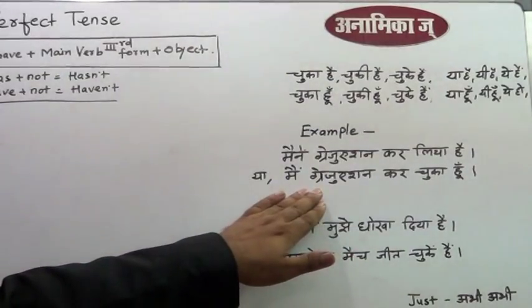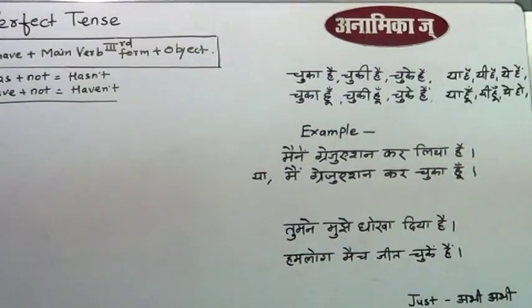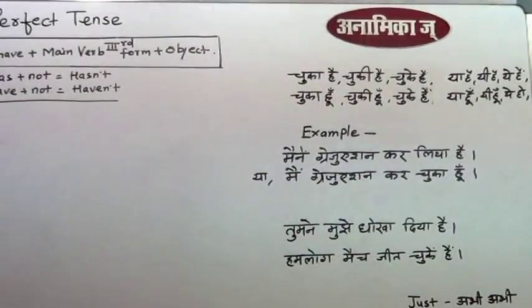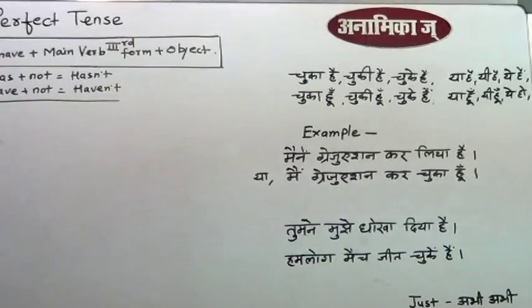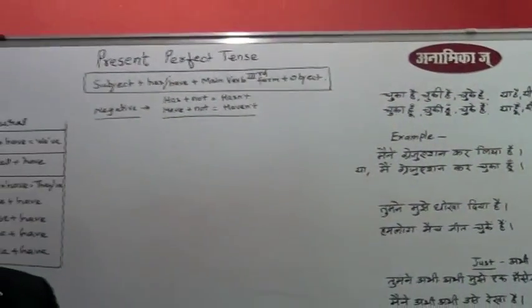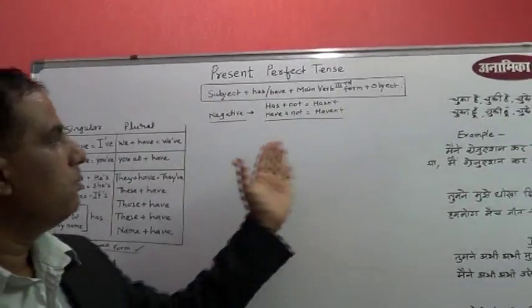So here we have seen action was completed in the past, but its effect still continues. So that is why this particular action is always spoken in present perfect tense.